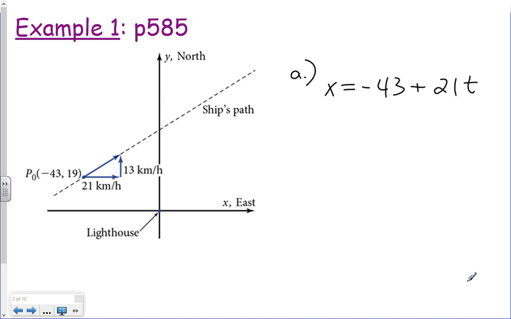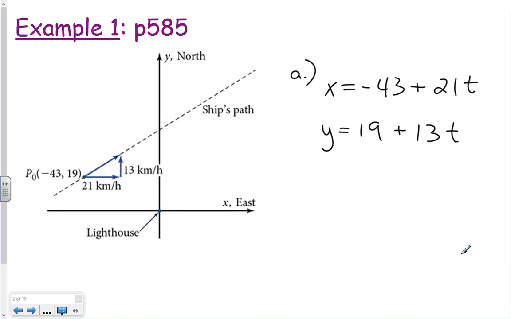And I can do the same thing for y now. Y would be equal to its starting position, which is 19, plus the amount it's going to change by each hour, which is moving north by 13 kilometers each hour. So I'll add on 13 times t. Again, if t is equal to 0, 19 plus 13 times 0 gives me 19 kilometers as my starting point.